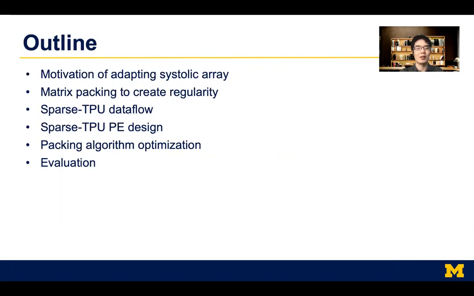And to support this data flow, we also propose a modified PE design. In addition, instead of using the naive matrix packing algorithm, we proposed several optimizations which help to improve the density of the packed matrices. Lastly, the evaluation part will prove the effectiveness of the proposed scheme.